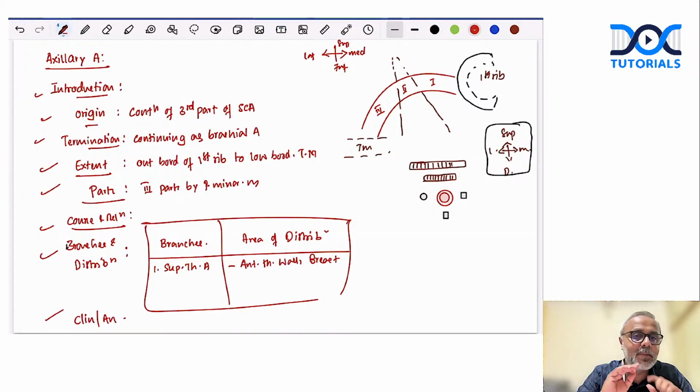Wherever it is applicable, talk about parts. For example, subclavian artery, vertebral artery, middle cerebral artery. If it is not there, leave it off. But this is how you should explain, and this is how you should pick the information from your textbook.